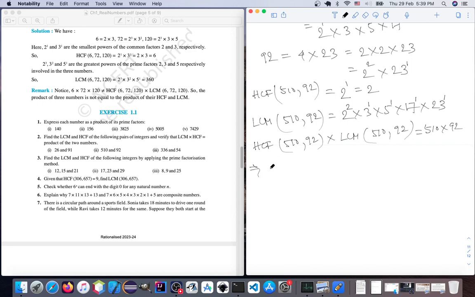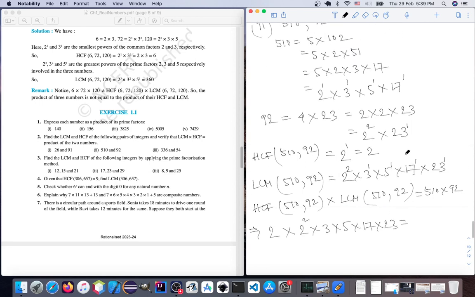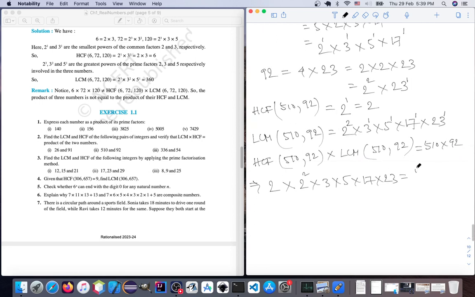HCF 2. LCM 2 square into 3 into 5 into 17 into 23. And if we substitute 510 and 92 by the prime factorization, we get 2 into 3 into 5 into 17 and into 2 square into 23.